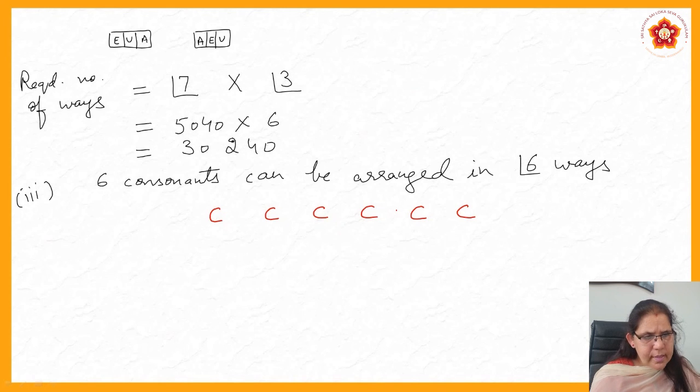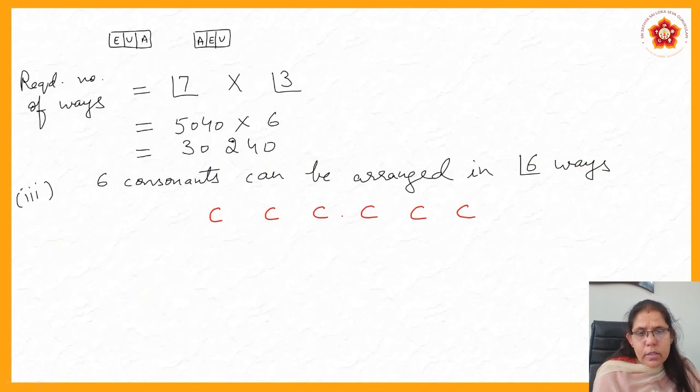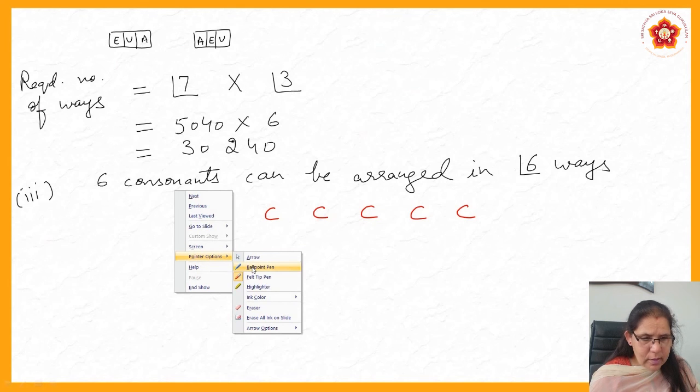Six consonants have been placed and they can be arranged in factorial 6 ways. The question says vowels are never together. So there has to be a consonant in between 2 vowels.